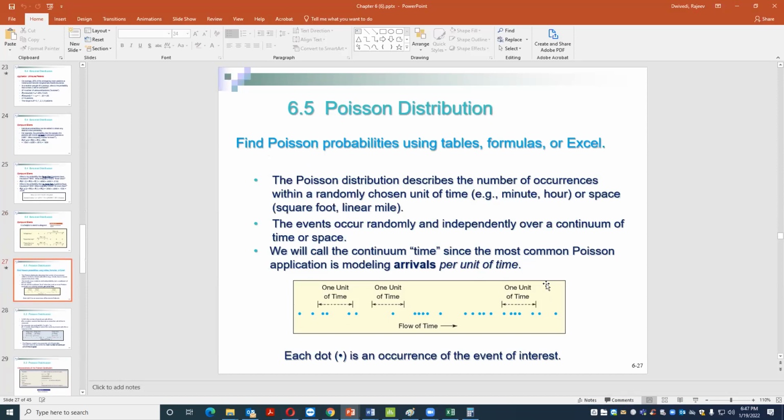Now go into the Poisson distribution. Only one number is very important in this. Usually it is the average, let's say at Seattle airport during 10 to 11 a.m., or during a particular time period, this many flights arrive.